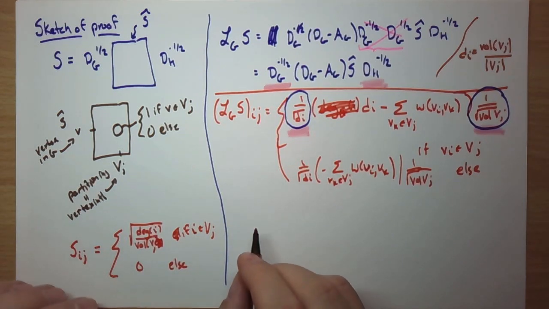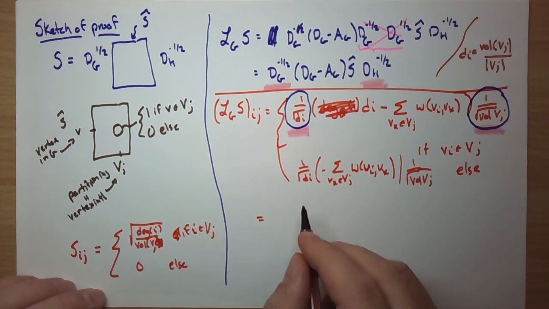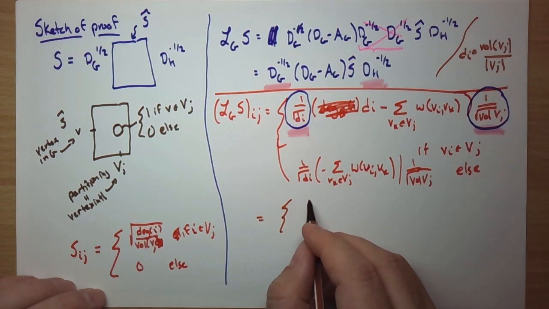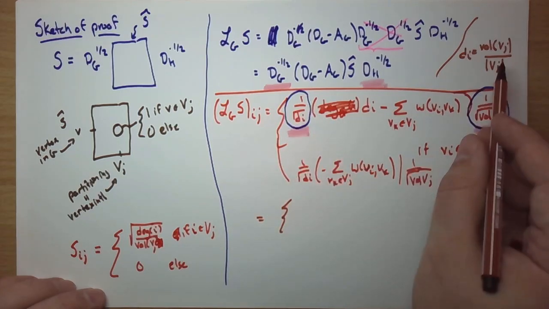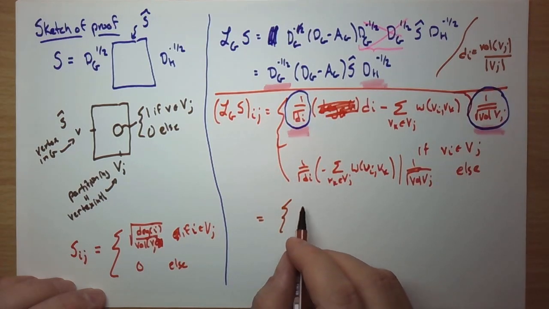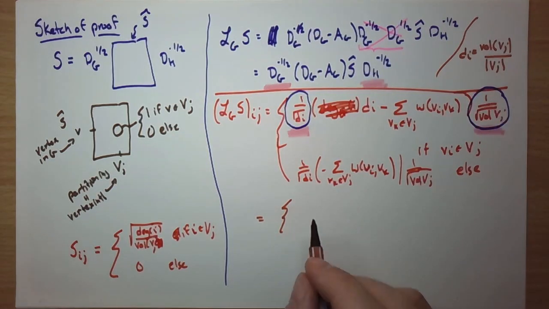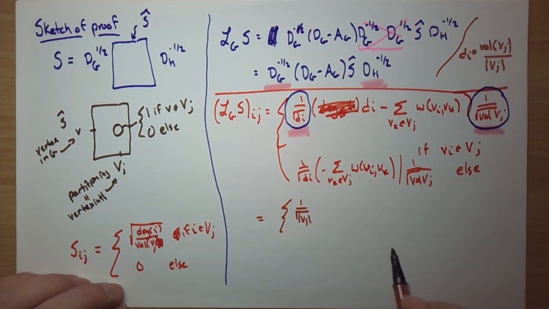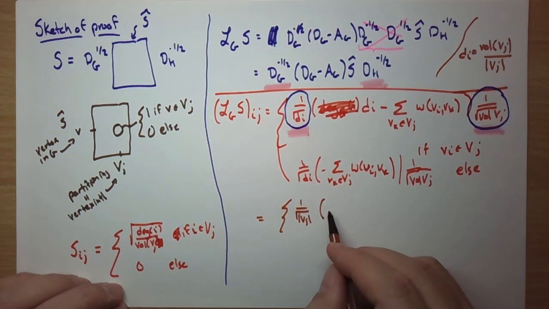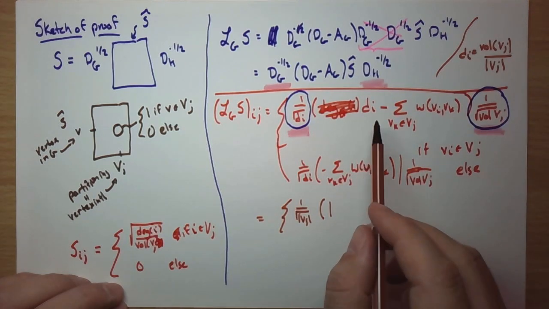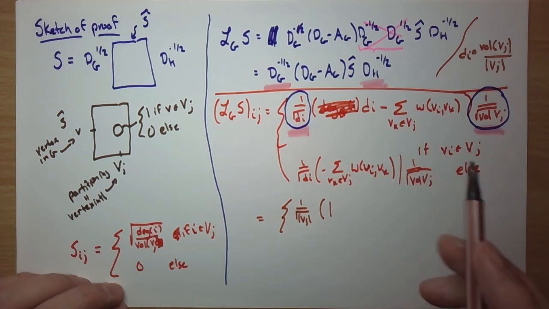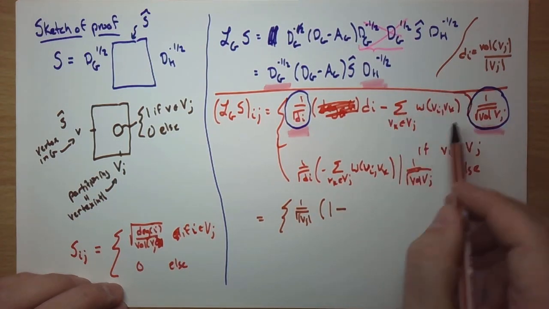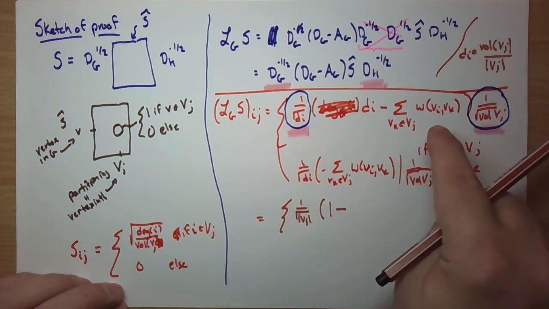Now, what does that allow us to do? Well, that allows us to say the following. This becomes, if we work it through, 1 over the square root of just the size of your v_j, then, all right, I'm definitely skipping some steps here. So 1 minus, now here, what are we counting?